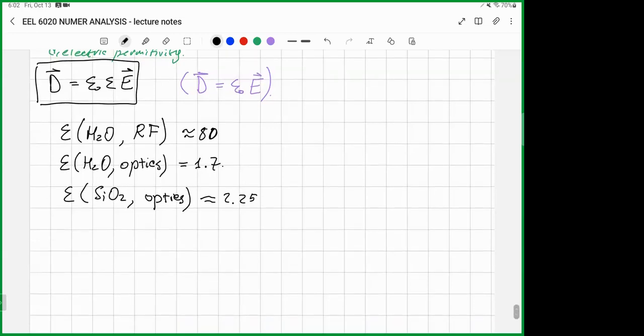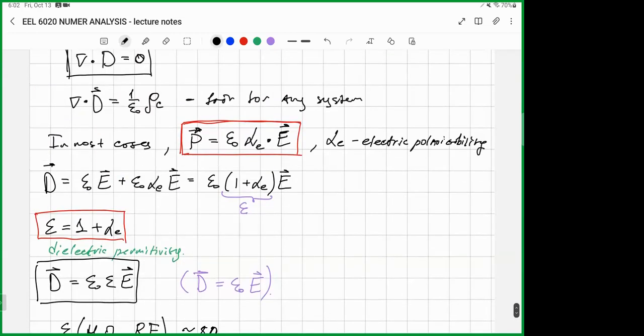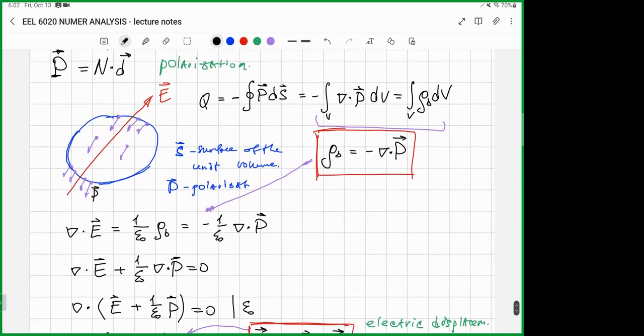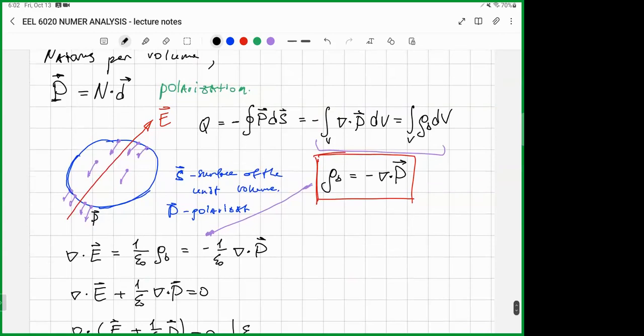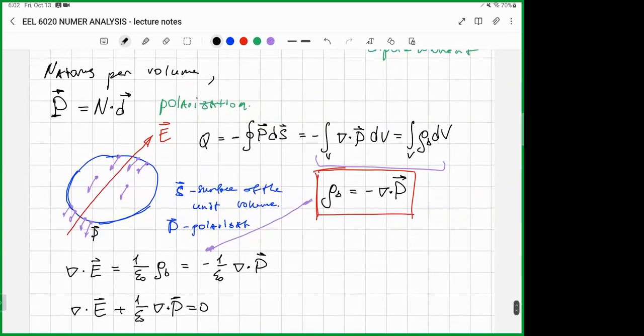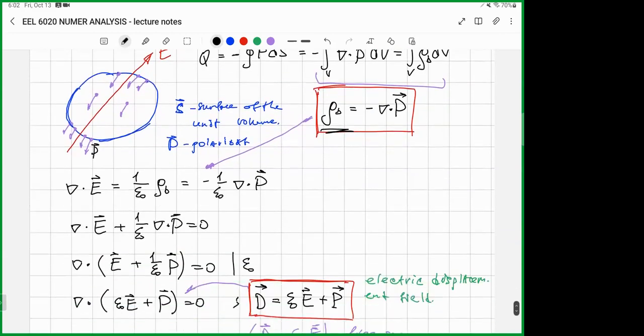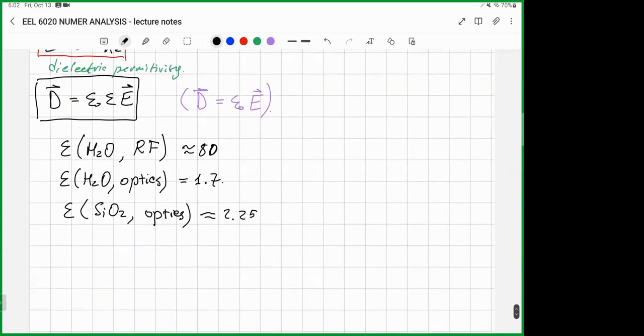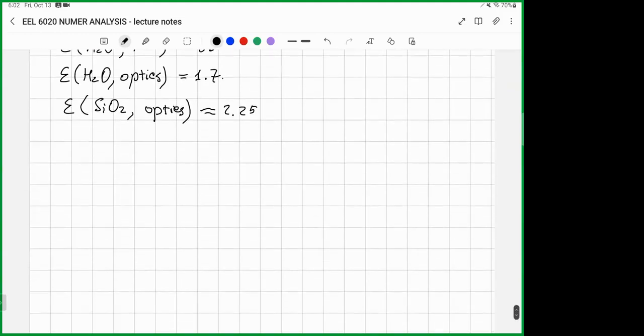Very good. So the introduction of the bound charge density here allows us to introduce the polarization vector and the electric permittivity. But what about the currents? So let us define the current density of the bound charges.